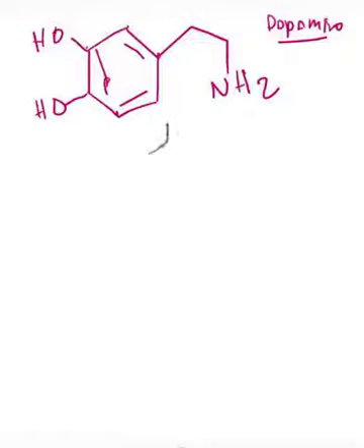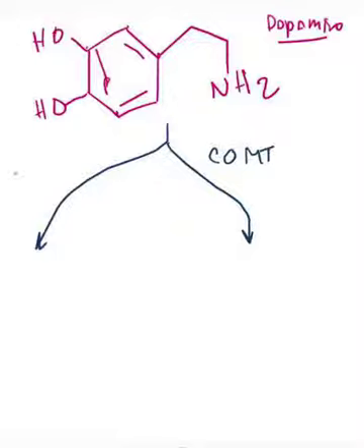We can start by looking at catechol-O-methyltransferase or monoamine oxidase, MAO. COMT is simply going to transfer a methyl group to the dopamine, and that methyl group will be transferred right here.